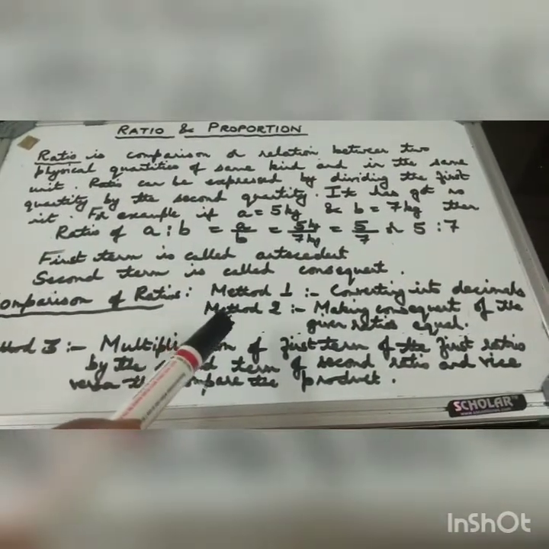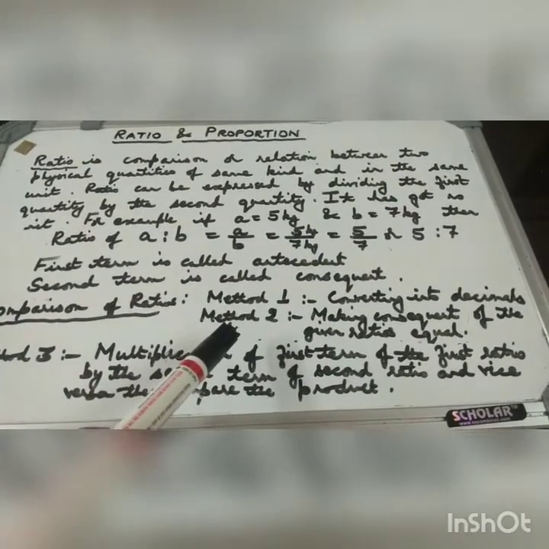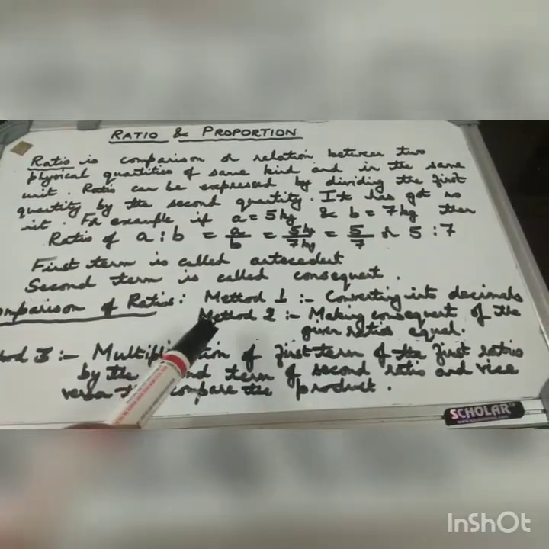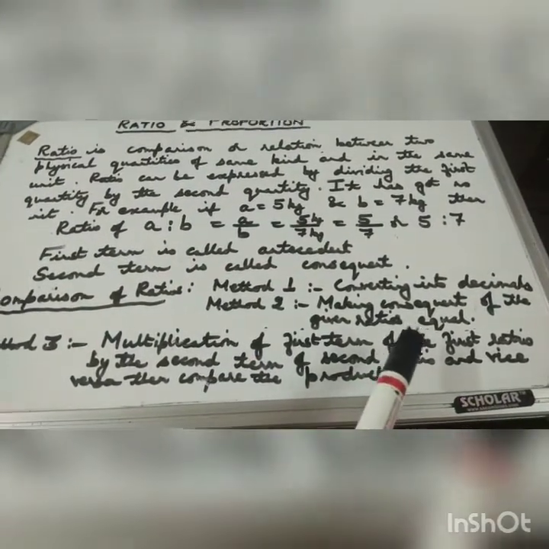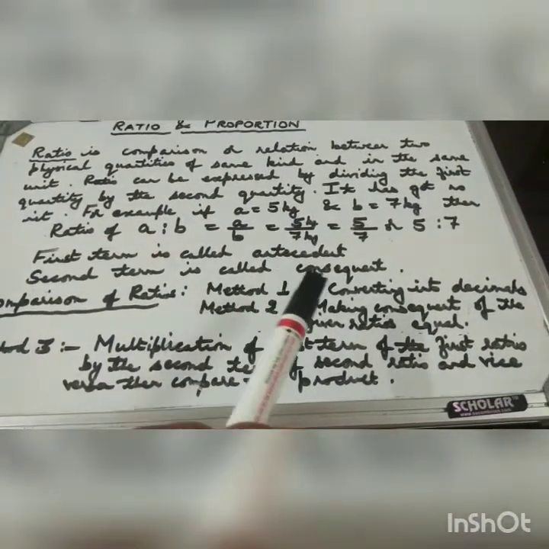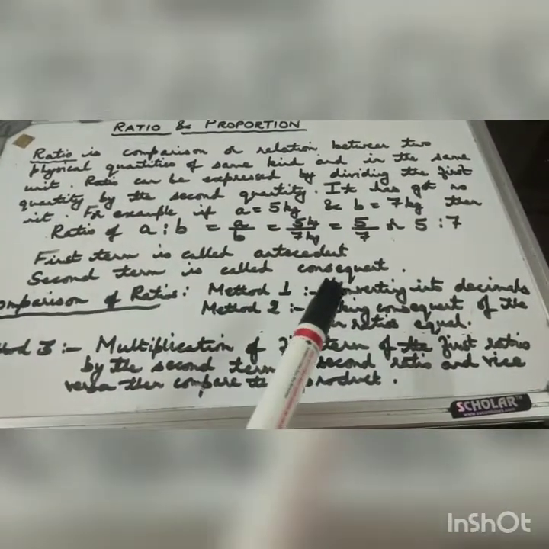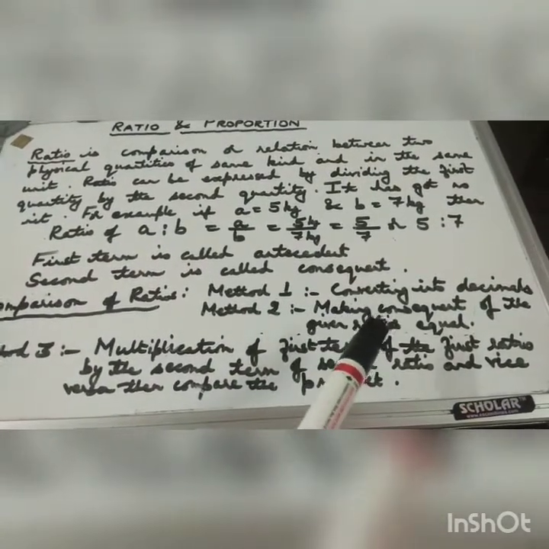Whichever is greater decimal value will be considered greater ratio. Method 2. Making consequent of the given ratios equal and then comparing antecedents. Whichever antecedent is greater will be called as greater ratio.